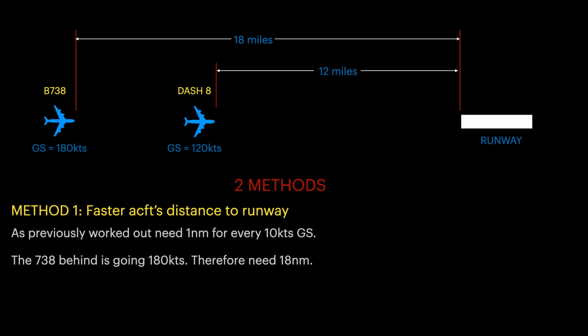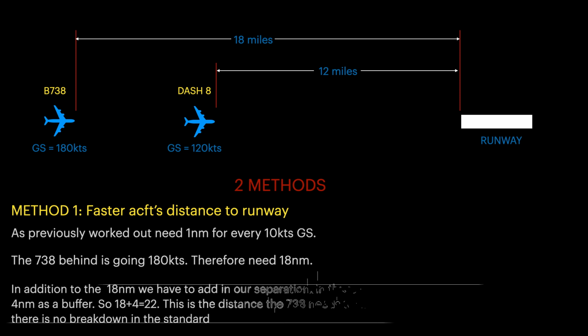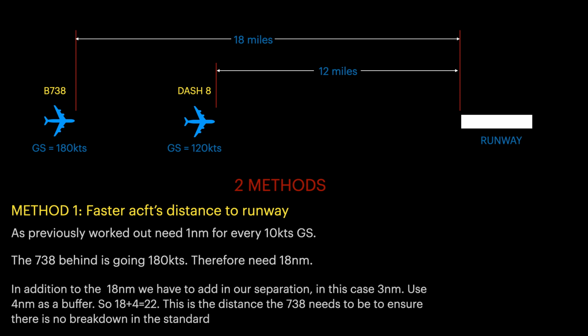He needs 18 nautical miles, but that's not where it ends. In addition to the 18 nautical miles, we have to add in our separation, in this case 3 nautical miles. I personally use 4 nautical miles as a buffer. It just gives me that extra nautical mile. You'd be surprised how much difference it makes.